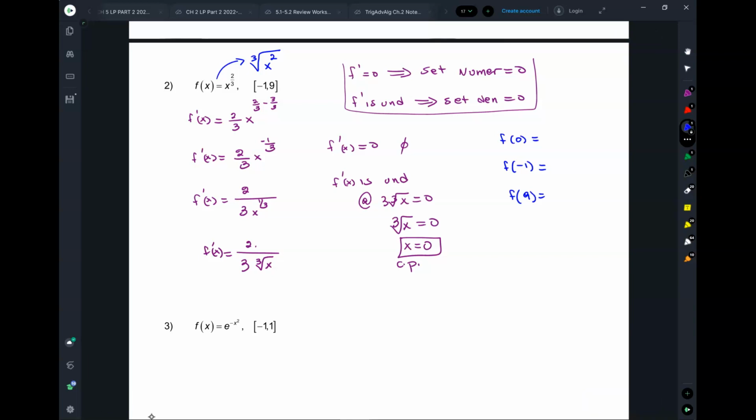So let's plug this in. Cube root of 0 squared, 0. Cube root of negative 1 squared is what? 1. Okay, cube root of 9 squared is the cube root of 81.